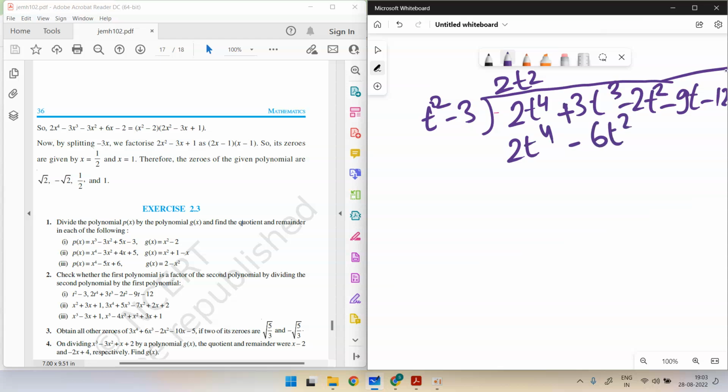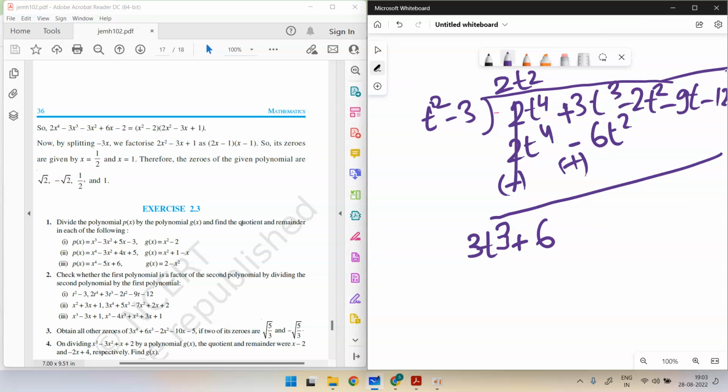Plus 3t cube. Now if you subtract, this becomes minus and plus, this will cancel. 3t cube, so 6t square minus 2t square is 4t square, then this is minus 9t minus 12.